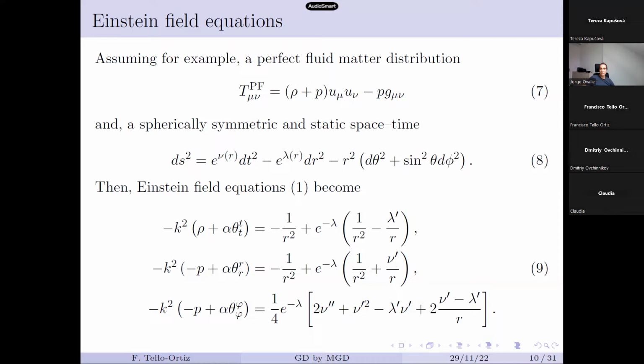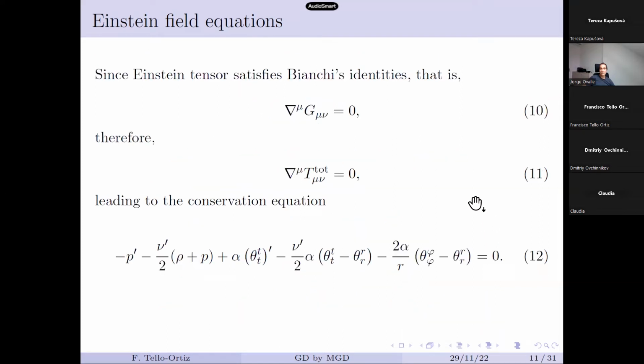Then if you are trying to solve this equation in an analytical way, it should be quite complicated. Nevertheless, introducing this new source is also, in principle, introducing new information. We know that Einstein tensors satisfy Bianchi identities, okay? The divergence of the Einstein tensor is equal to 0. If that is happening, it means that the full energy momentum tensor should satisfy this condition too.